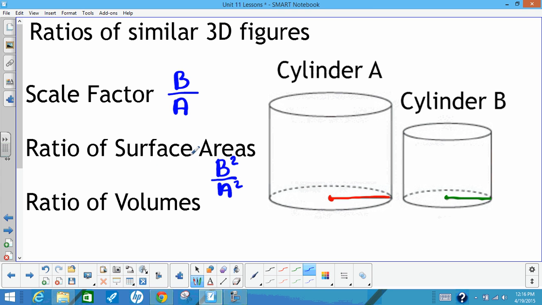So the ratio of surface areas is that scale factor squared, the top and the bottom both squared. And you might guess that the ratio of volumes is that original scale factor, the original B over A cubed.